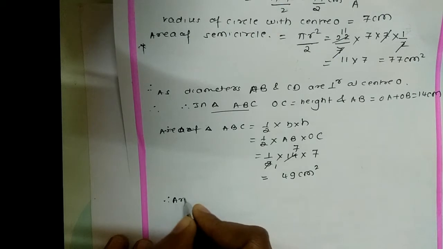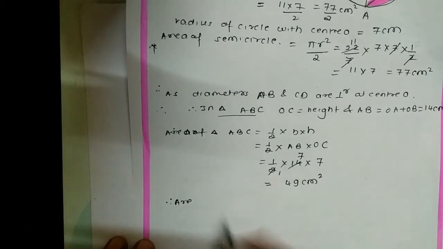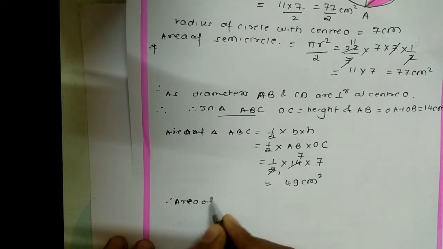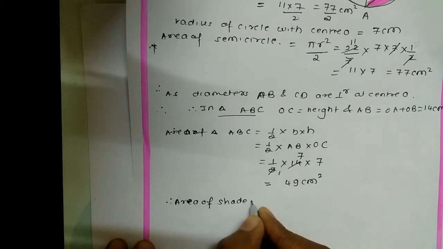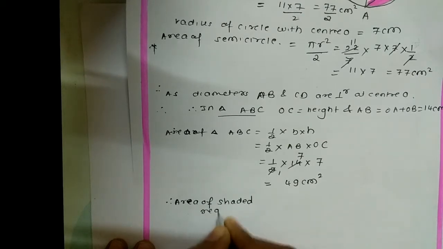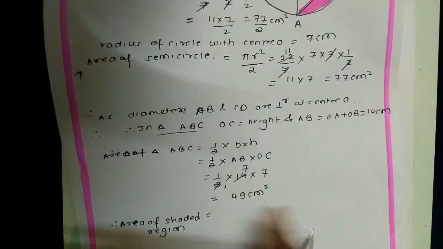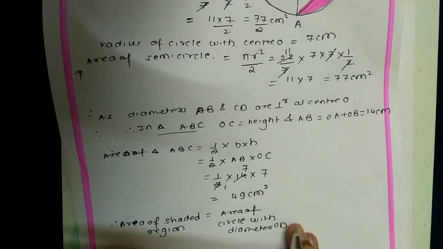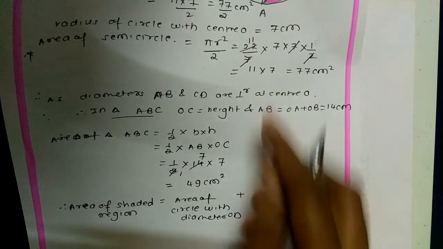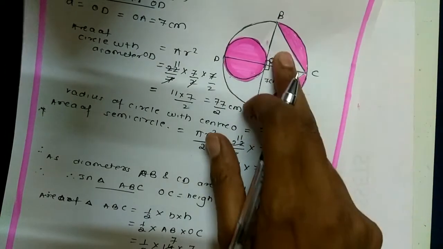Therefore, directly we can find out the area of the shaded portion, or region, that is equal to the area of the circle with the diameter OD, plus the area of this semicircle, minus this.